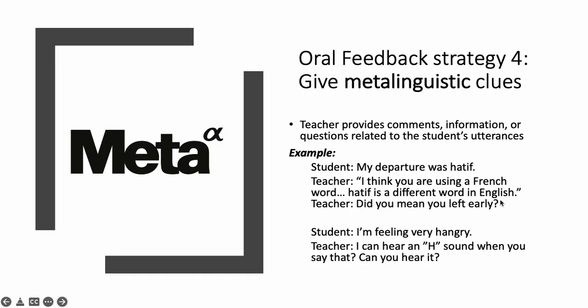Did you mean you left early? Or if the student says, I'm feeling very hangry, teacher can say, I hear an H sound when you say that. Can you hear it? Hangry? What's the difference between hungry and angry? Can you hear that? By the way, a lot of students get this wrong.